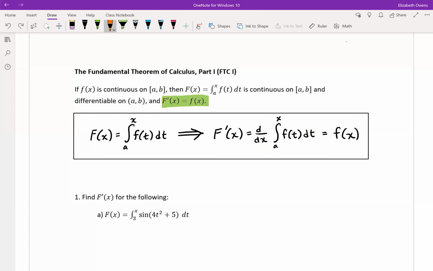Interesting. Okay, so usually a question that comes up at this stage, by the way, is why is it an x inside of there now? Why is it not a t? And that will become more apparent when we look at FTC Part 2.